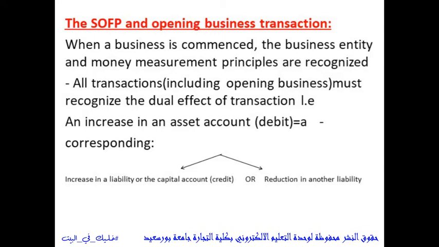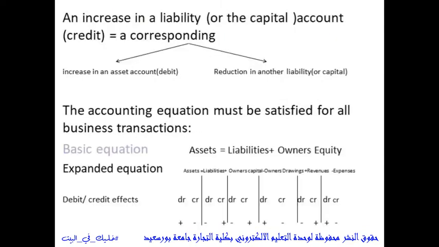An increase in an asset account, which is debit, equals a corresponding increase in a liability or the capital account, which is credit, or reduction in another liability. An increase in a liability or the capital account, which is credit, equals a corresponding increase in an asset account, which is debit, or reduction in another liability or capital.